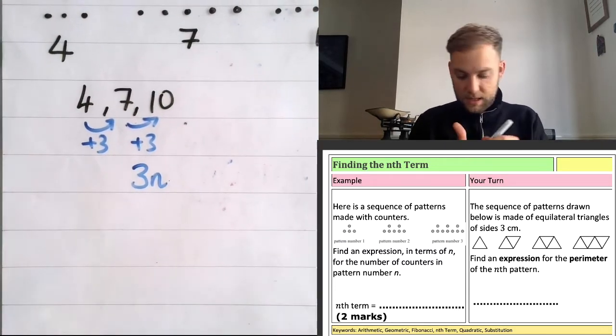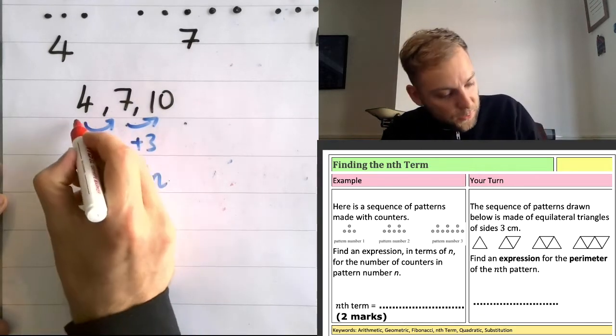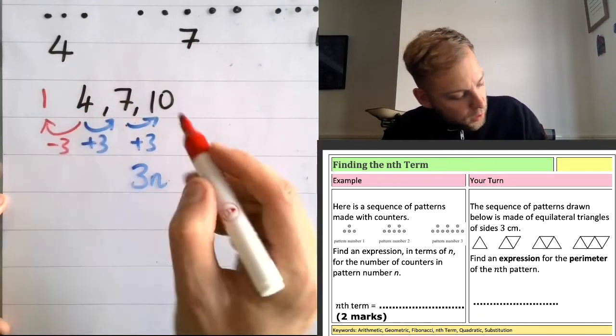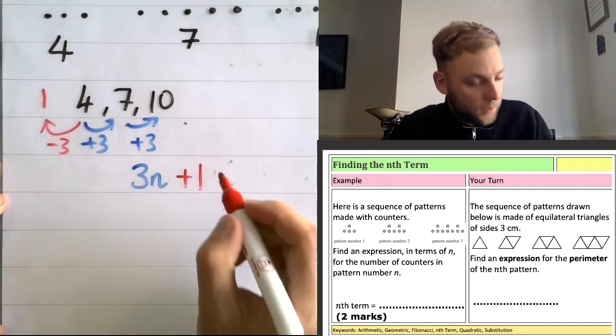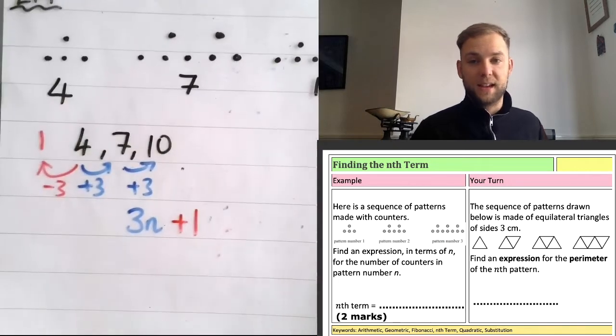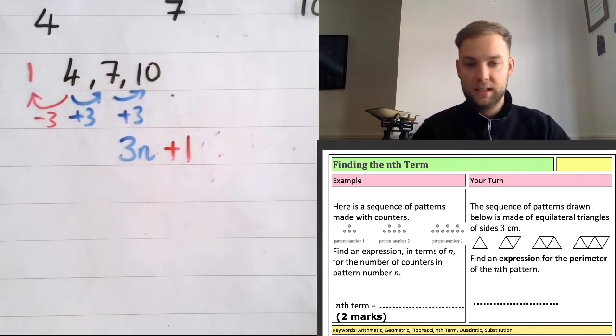Super. Then I find my 0th term, which is going to be minus 3, so 4 minus 3, which is 1. So 3n plus 1, brilliant. The only difference here is that I worked out what that pattern was.